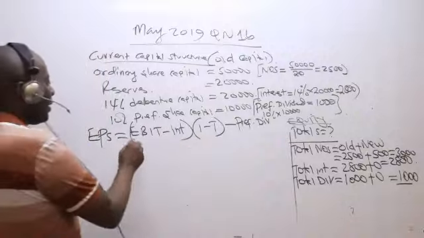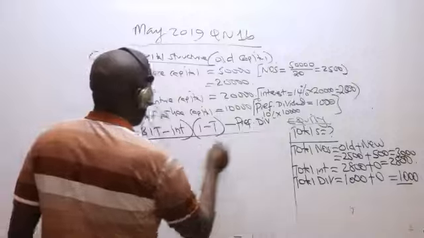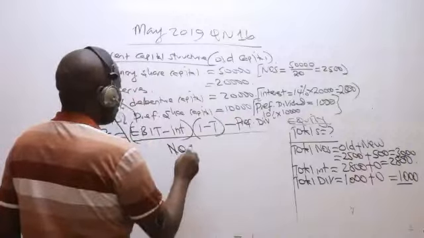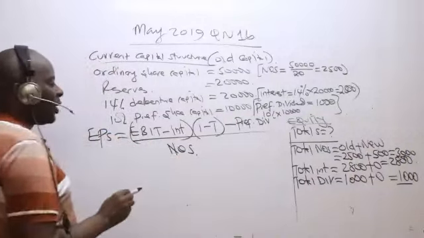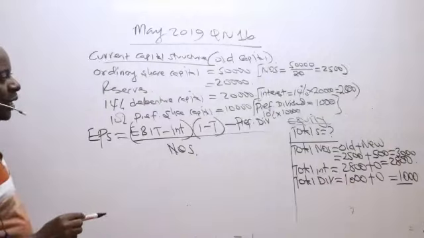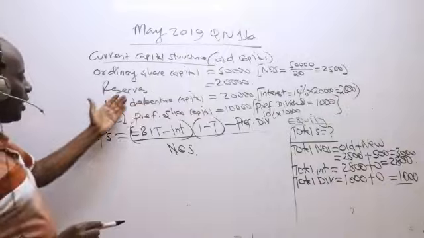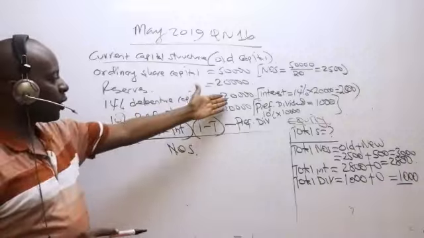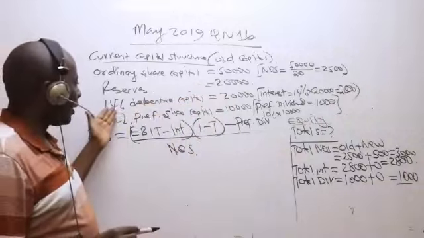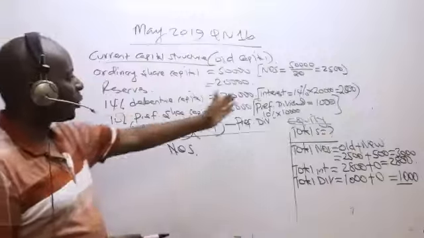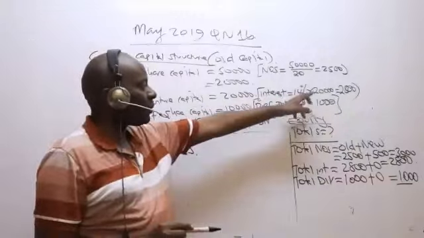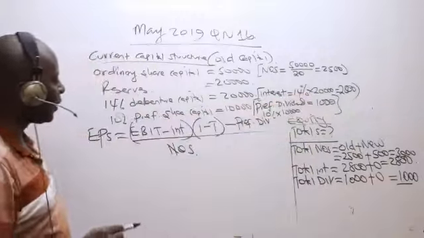So divide this by the total number of ordinary shares. Remember, interest, they gave us from the capital structure, 20,000 loan borrowed, and the rate of interest is 14%.